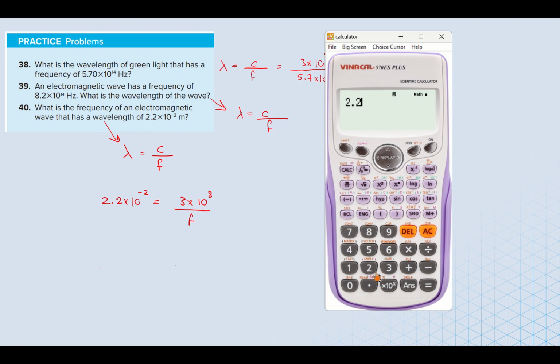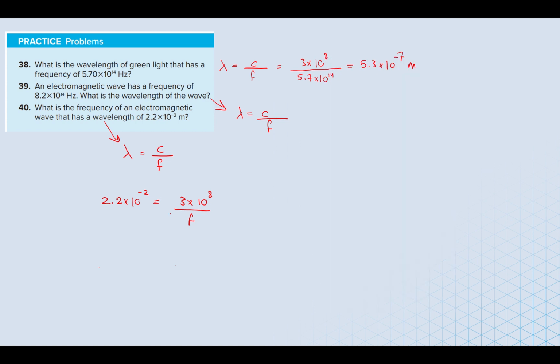So 2.2 times 10 to the negative 2 equals the fraction 3 times 10 to the power of 8 divided by x. And then shift calc equal, or of course you can rearrange. It's okay, I have an old calculator, that's why I can't solve. So cross multiply, the frequency is 3 times 10 to the power of 8 divided by 2.2 times 10 to the negative 2.